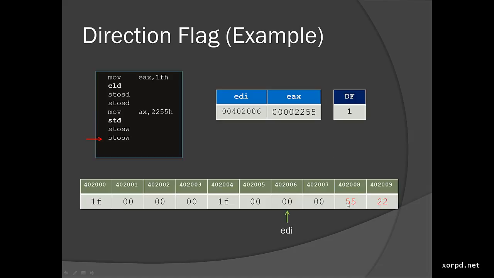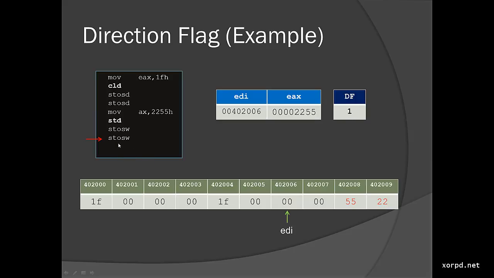And as expected, we got those 2 bytes stored here. As usual, we got it in the reverse order because Intel x86 architecture is a little endian architecture. As we can see, EDI has moved to the left, or in other words, it has decreased because the direction flag is currently 1.